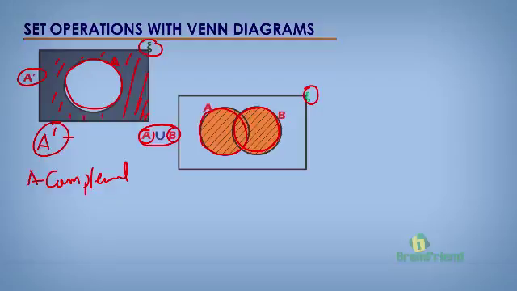Our sets A and B are within our universal set, that is, within the borders of our rectangle, which represents the universal set. The operation A union B is illustrated here by the shaded parts. A union B is the elements that are present in A or in B. So we have A union B illustrated by our shaded areas.